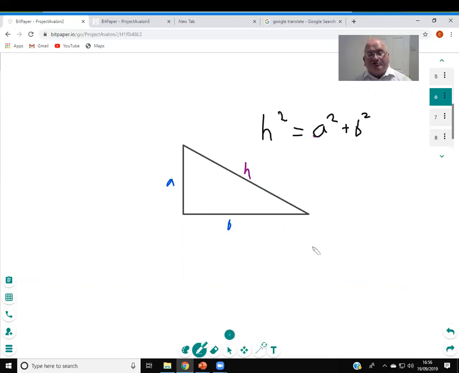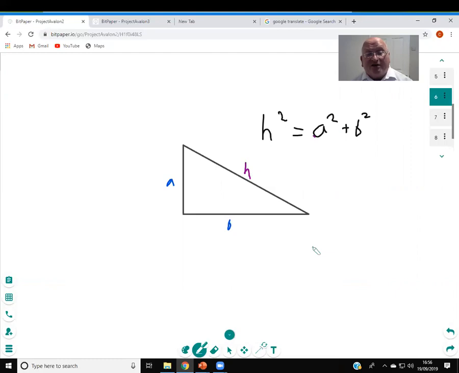Now, when I'm actually tutoring this subject for real, rather than just giving an overview of it, I let the student find this rule out for themselves by drawing a few triangles. But that is the rule for Pythagoras' theorem, and if we know two sides of a right-angled triangle, we can use it to find out what the third side is.